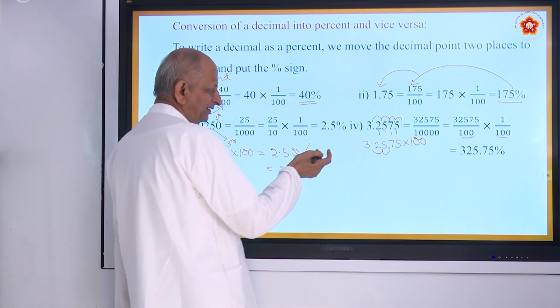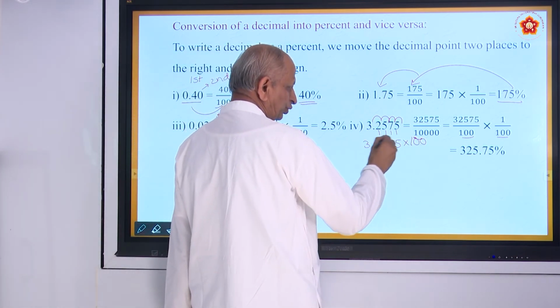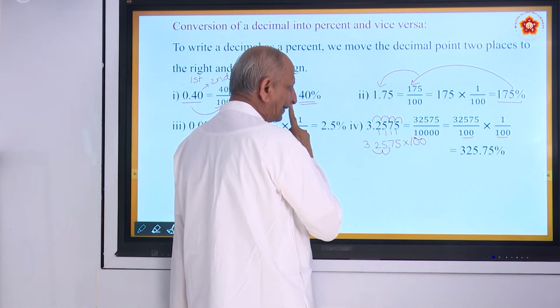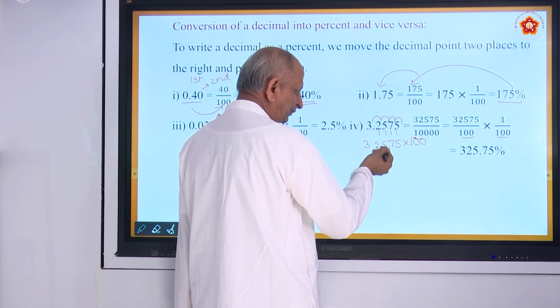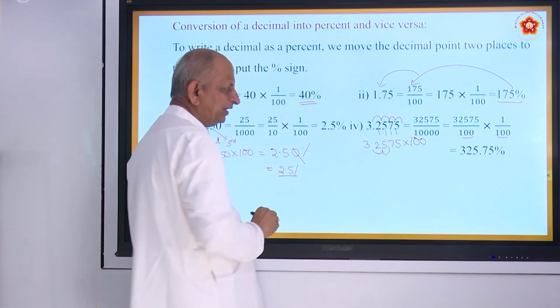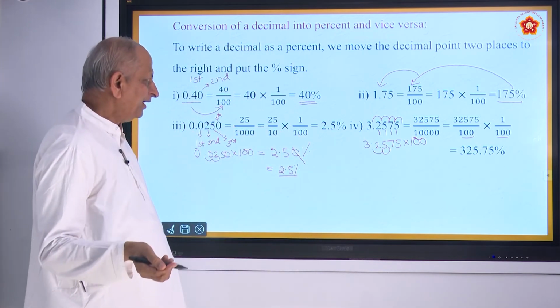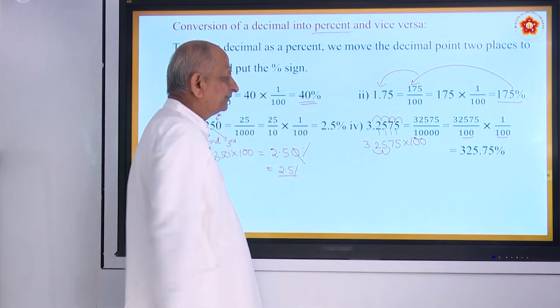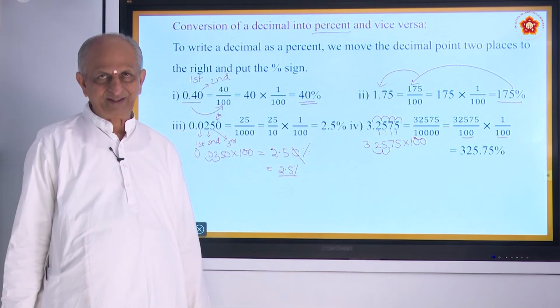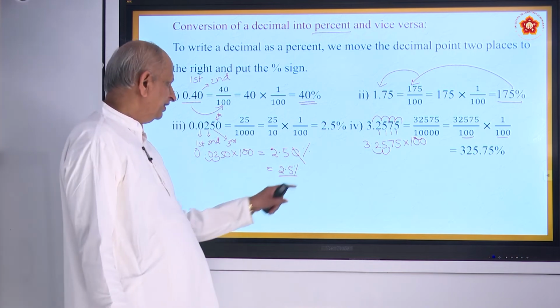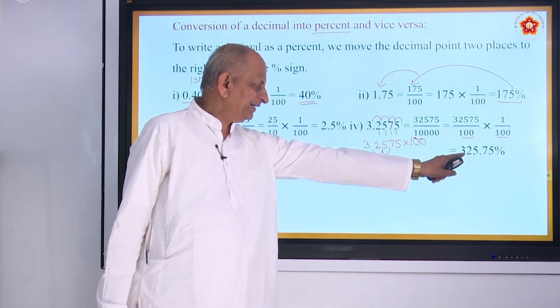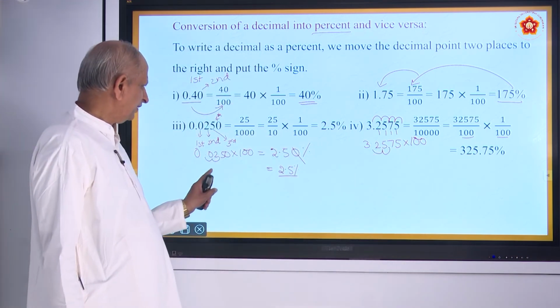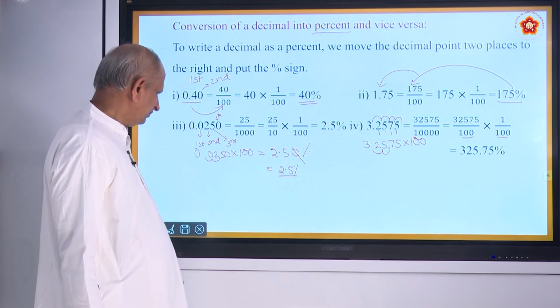Here it is 100 you are multiplying. So, 2 places to the right. Suppose you divide by 100 means what? You must come to left. You already studied that, because everything is in terms of percent. As you are dealing with percent for 100, here you have to multiply by 100 and this is the answer you get. Here also this is the answer you get. Okay.